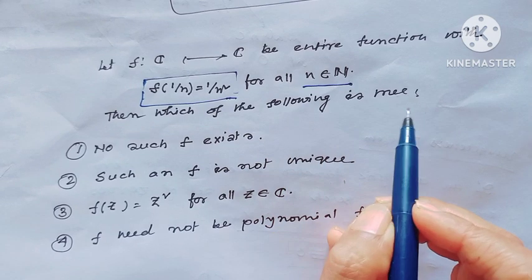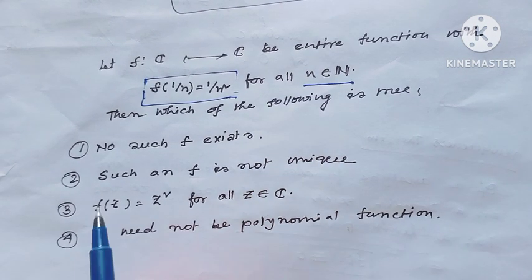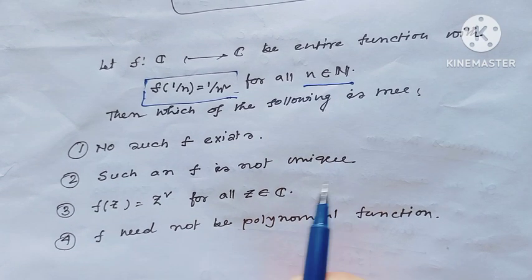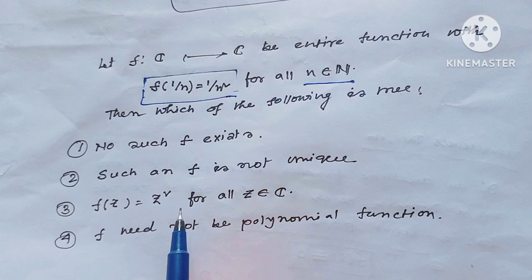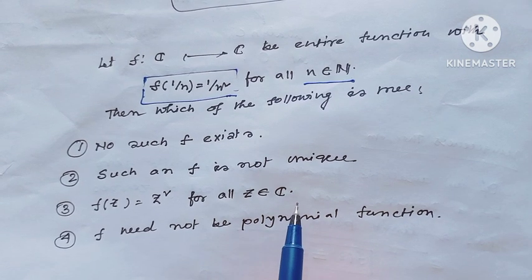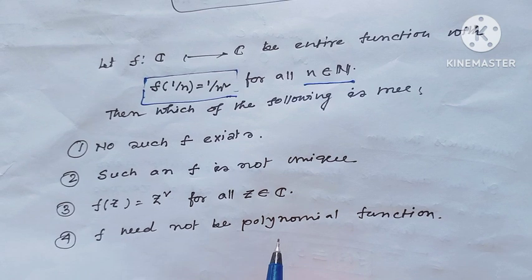Then which of the following is true? Option 1, no such f exists. Option 2, such an f is not unique. Option 3, f(z) = z² for all z in the complex numbers. Option 4, f need not be a polynomial function.